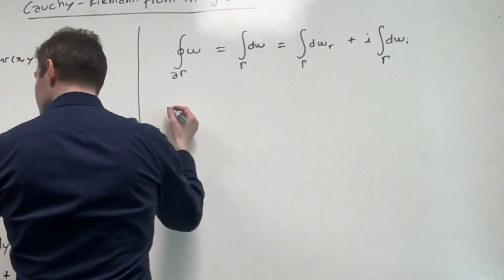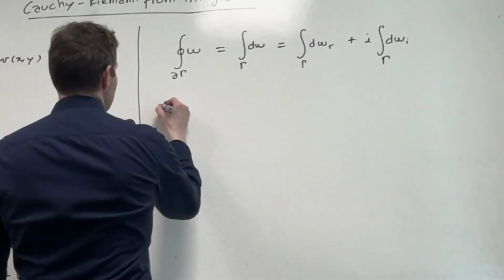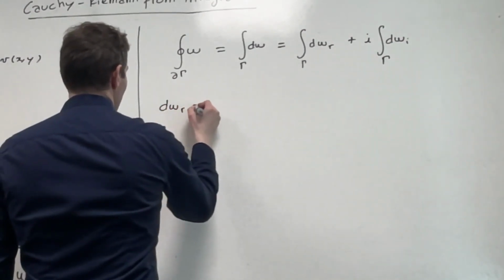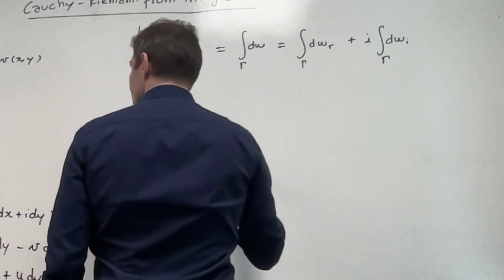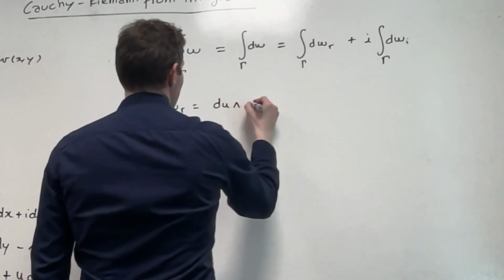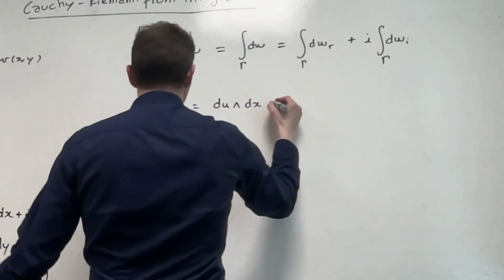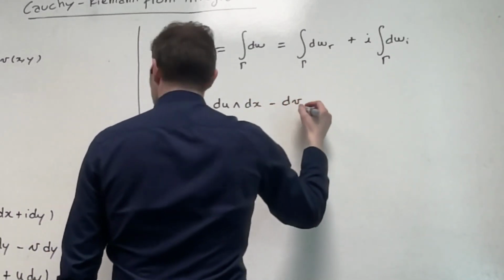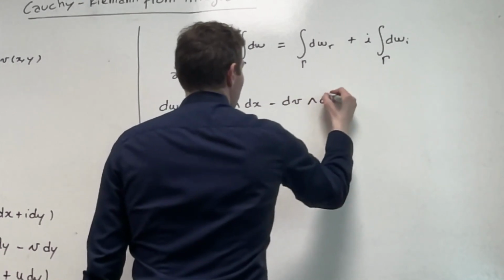So what we have is that d omega R is equal to du wedge dx, and then minus dv wedge dy.